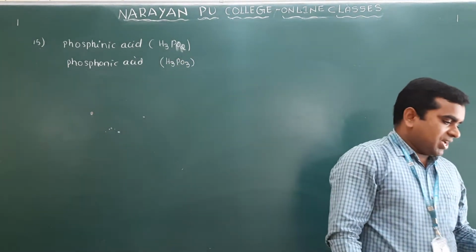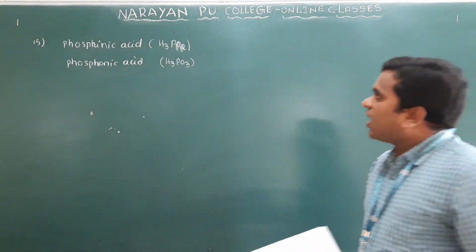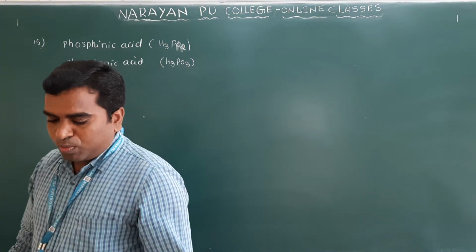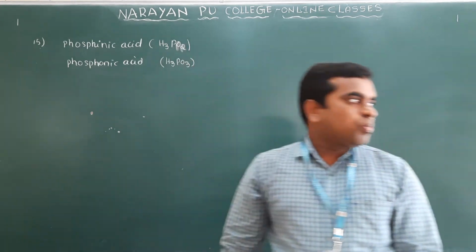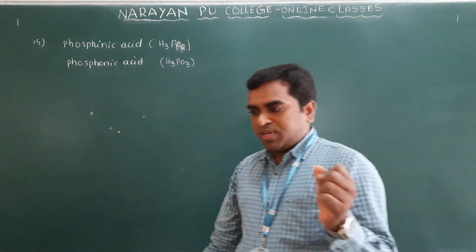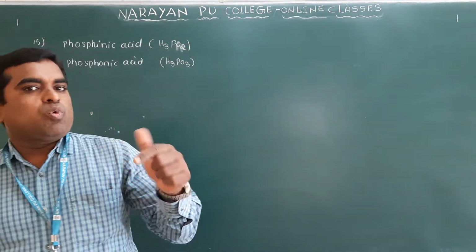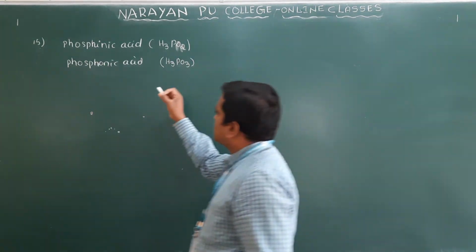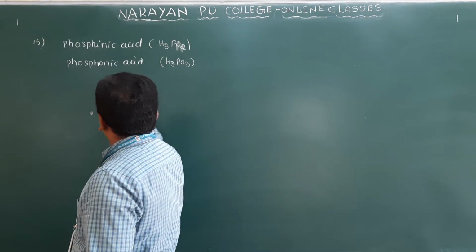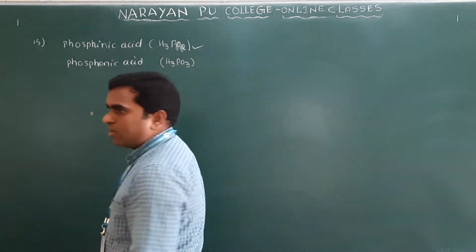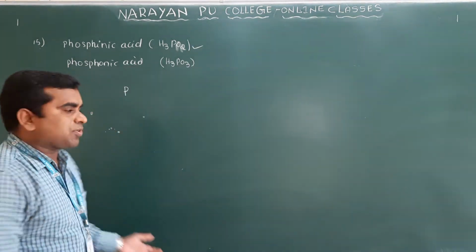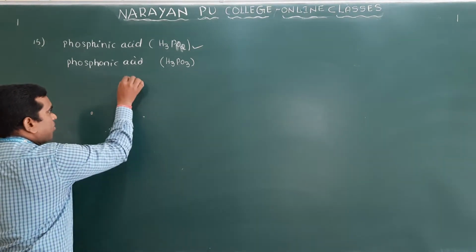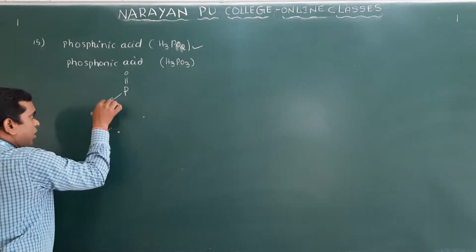Now they are asking which is monoprotic and which is diprotic. Monoprotic means there will be only one OH group. So you have to write the structure. For oxoacids, first there should be one double bond O and one OH.